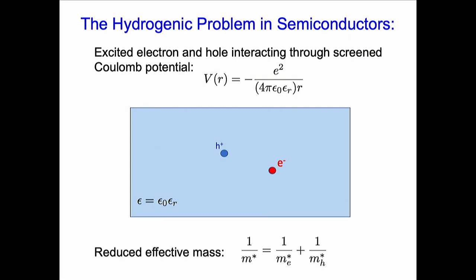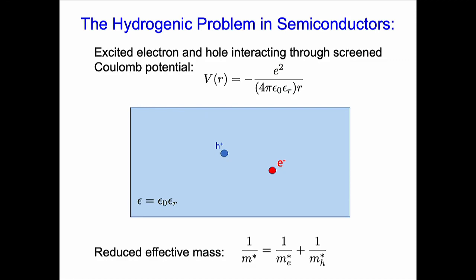The electron is somewhere, the hole is somewhere else. The electron is attracted to the hole, so it will kind of orbit around the hole. And the screening now is no longer the vacuum screening epsilon 0, but it's epsilon 0 times epsilon r, the relative dielectric function or dielectric constant.